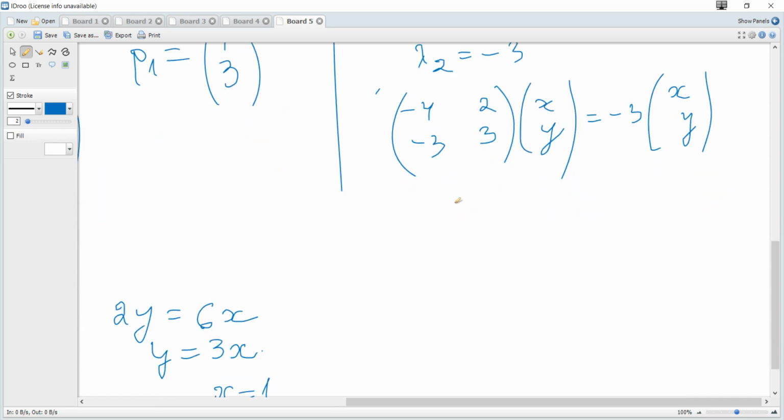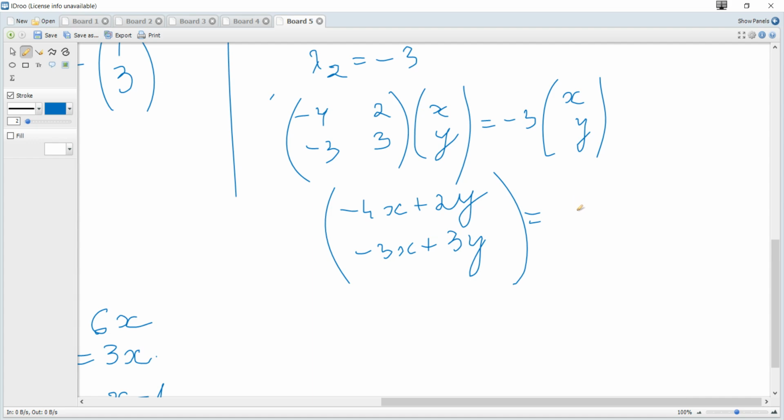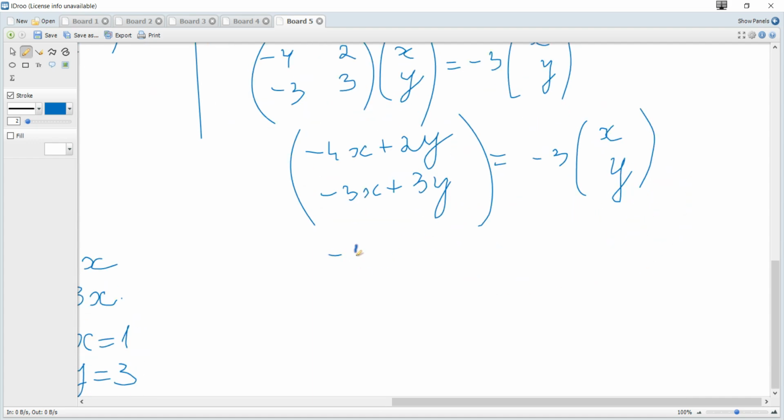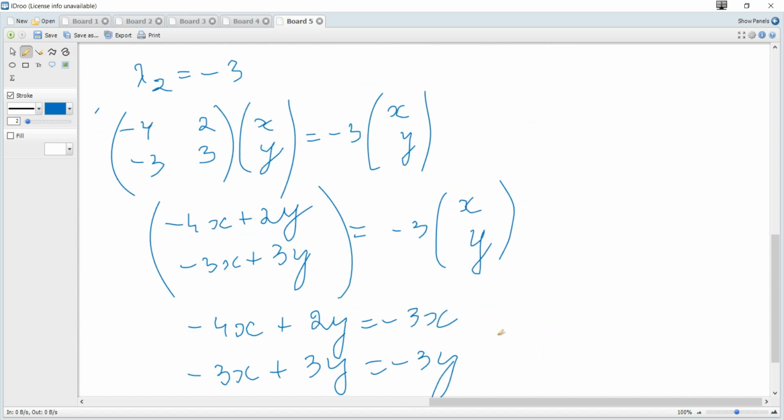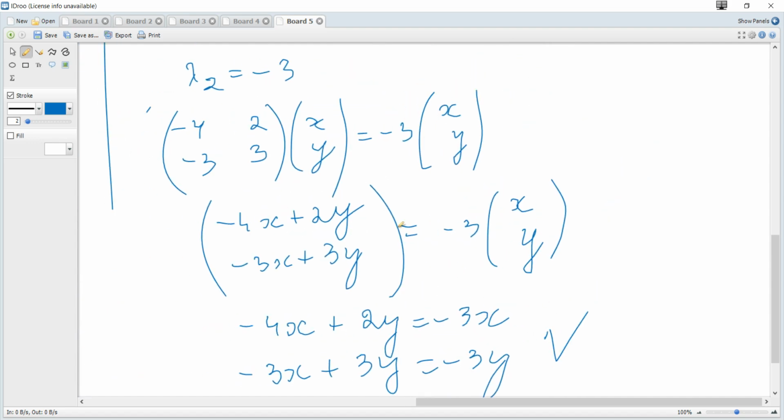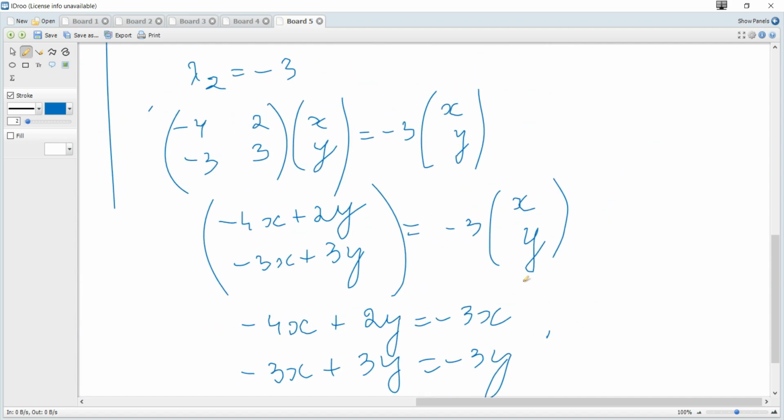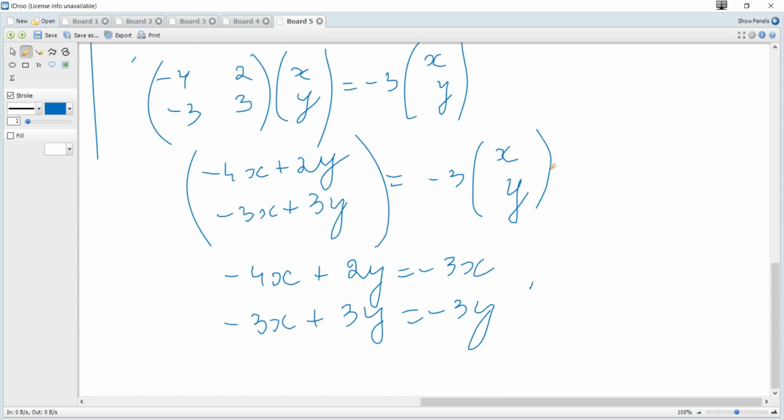Then again multiply, it becomes -4x plus 2y, -3x plus 3y is -3(x, y). It becomes -4x plus 2y is -3x. -3x plus 3y is -3y. If you can, you may write this directly when you multiply matrices, just equating rows.